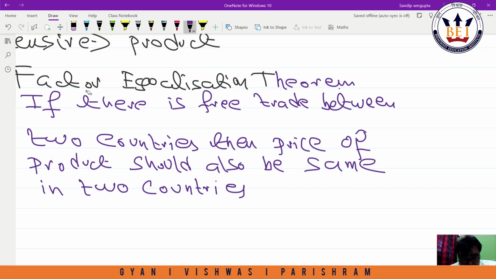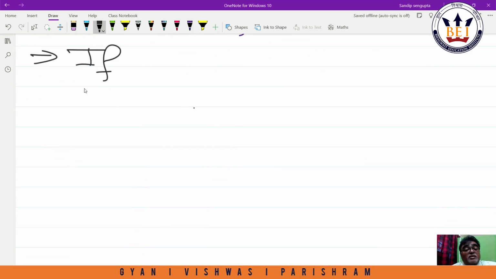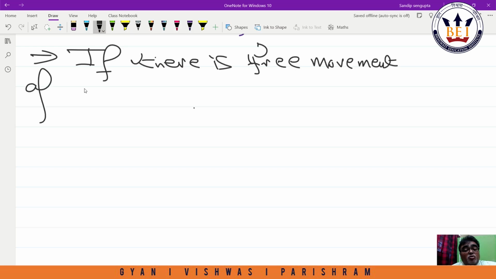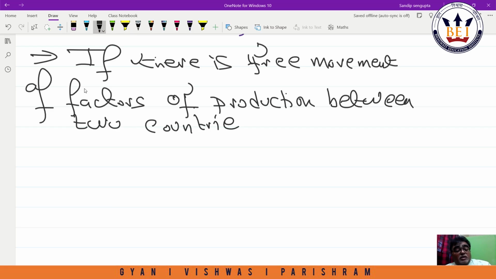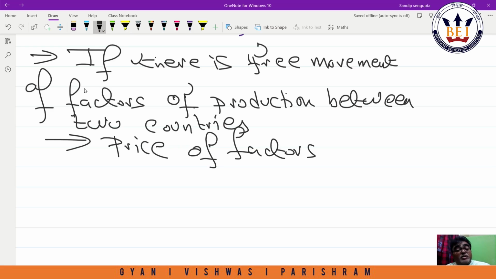Another way, same way, factor-wise equations, they have said that if there is free movement of factors of production between two countries, common sense, price of factors also remain same.